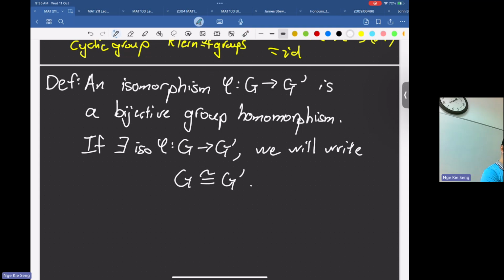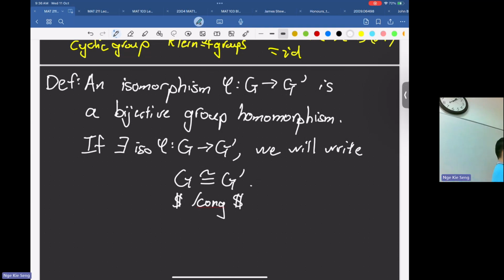In LaTeX, this is called \cong. You type G \cong G prime.